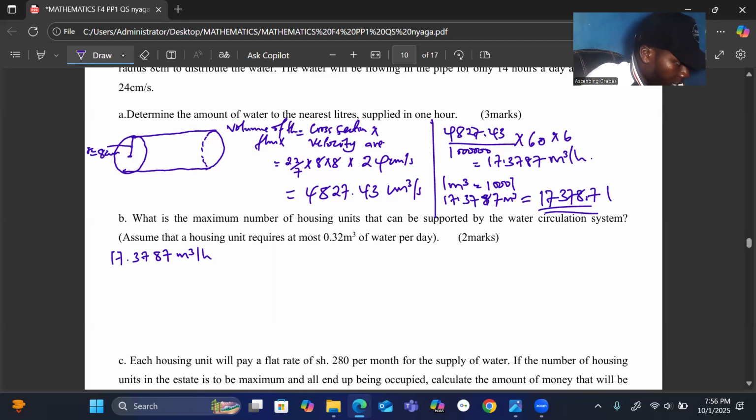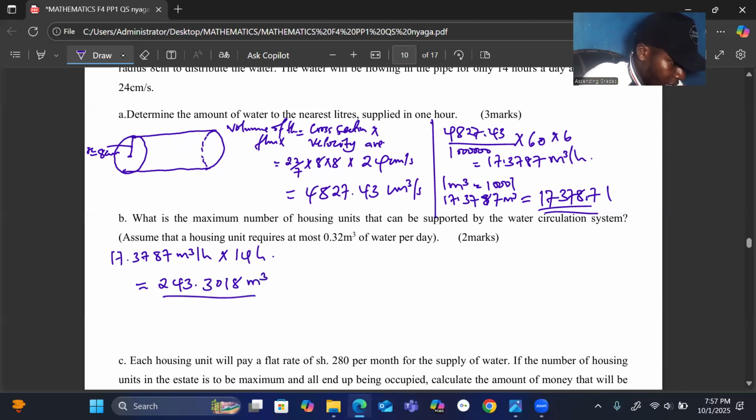So we shall multiply by the 14 hours. Then we shall have 243.3018 cubic meters.